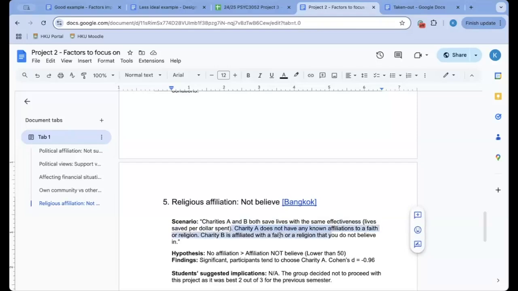Charity B is affiliated with a faith or a religion that you do not believe in. So Bangkok hypothesized that people will choose no affiliation over an affiliation of non-belief, and this was supported. Participants chose Charity A more, and the Cohen's d was found to be -0.96.